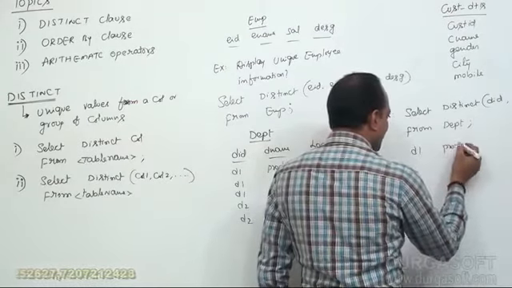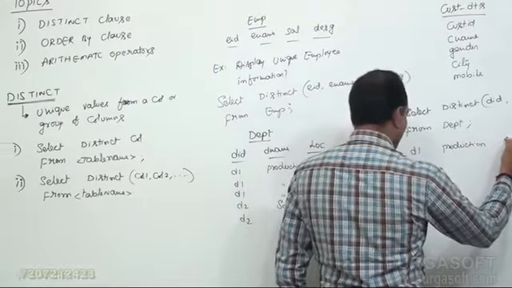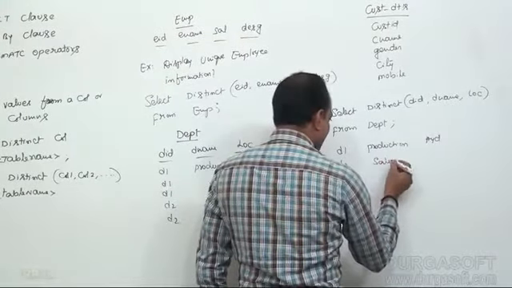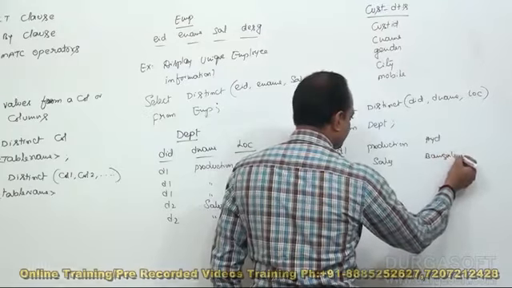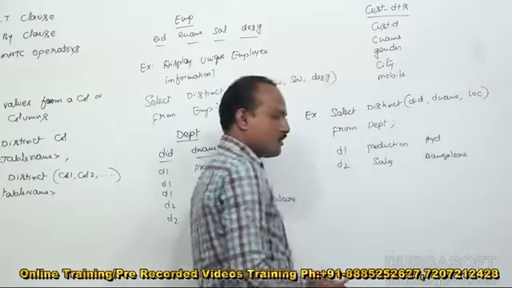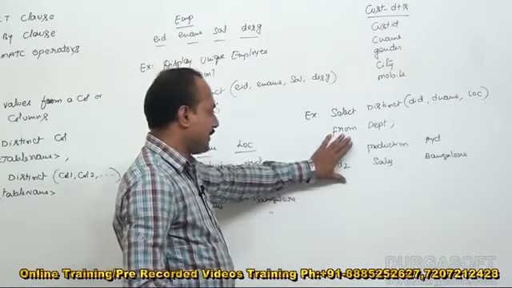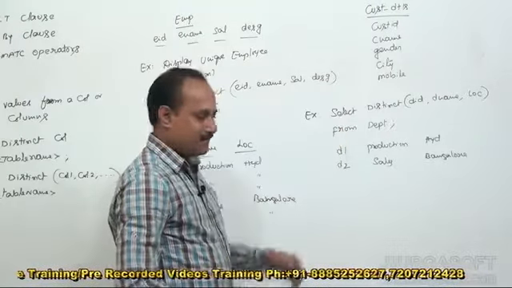Department 1, it's production and it is HYD. And department 2, it's a sales department located at Bangalore. So now you have only unique departments information here. Department information is not repeated.